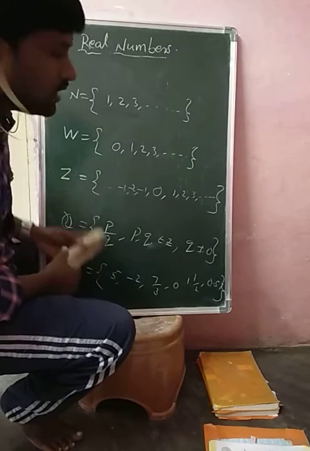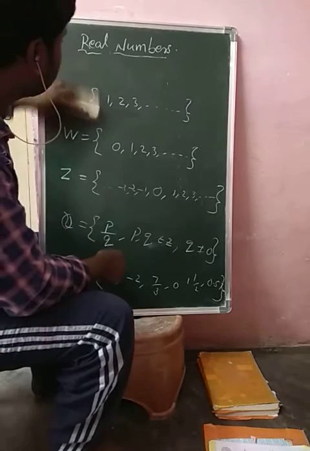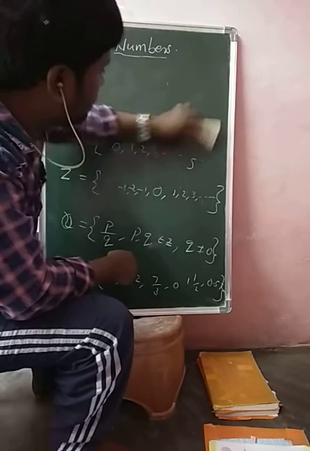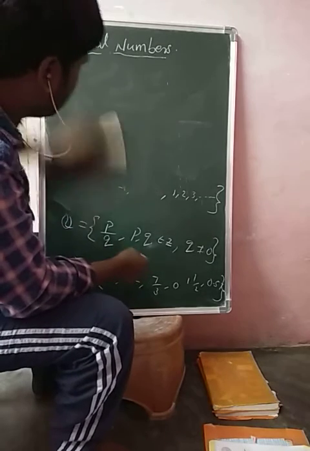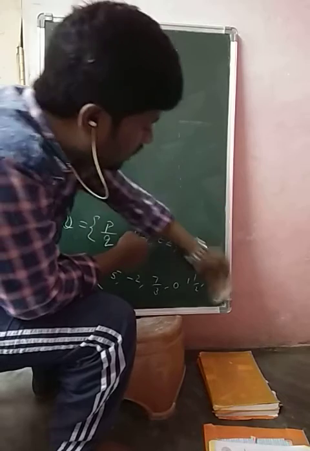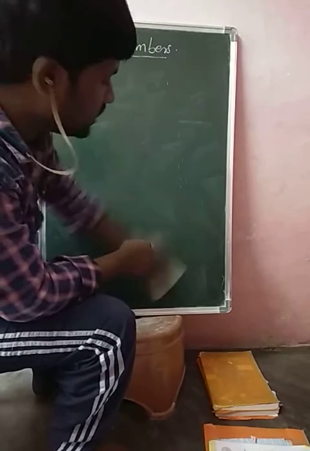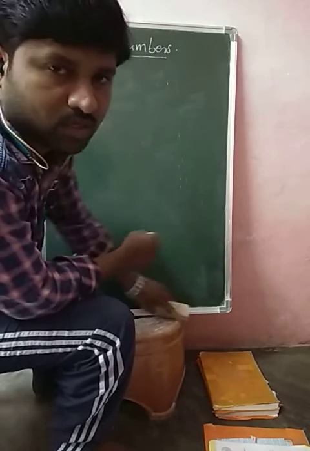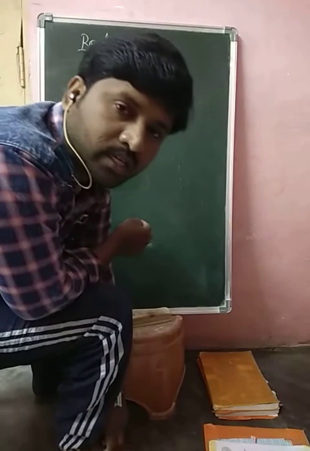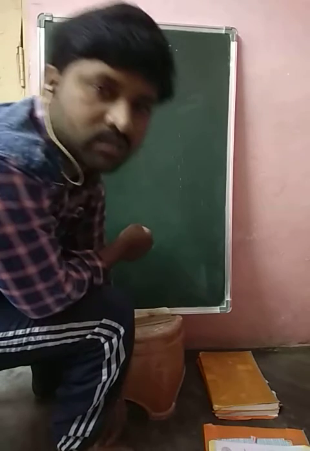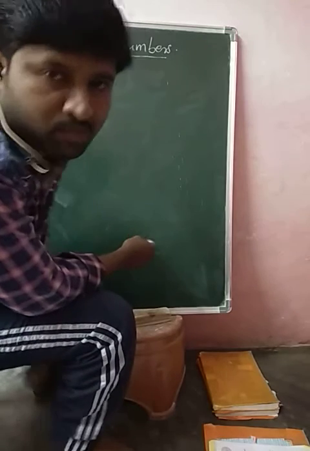Now see here. Then how to represent a rational number pictorially, and as well as on the number line also.